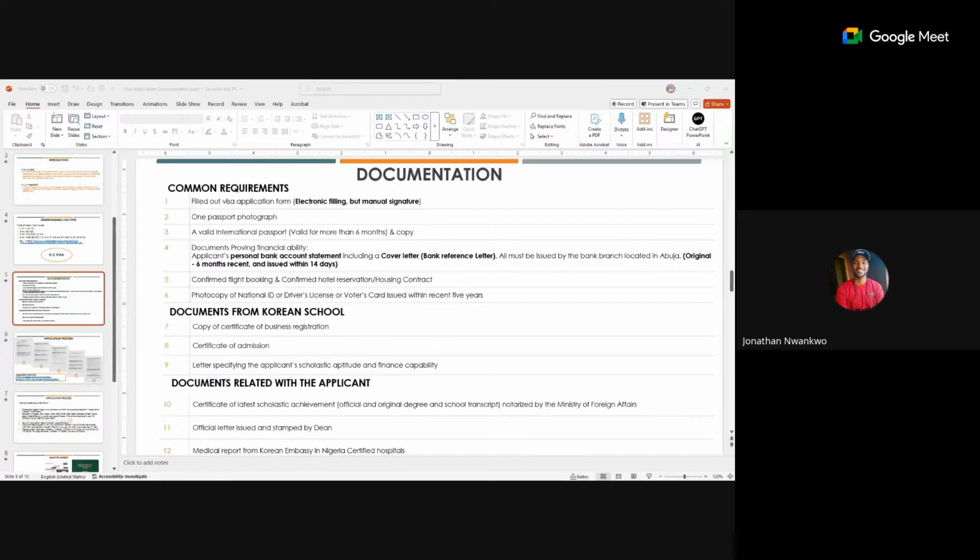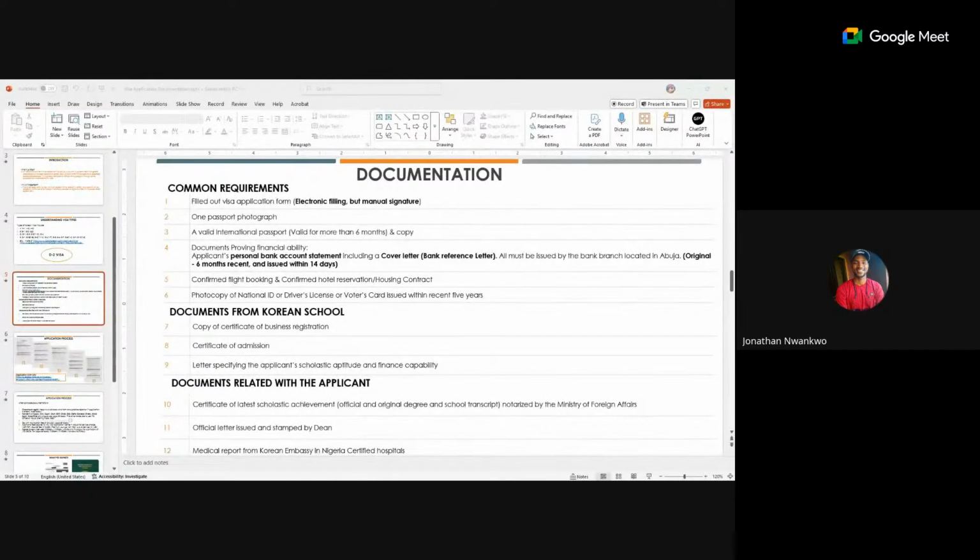That is the document you have to provide from your own end. So for the common requirements, you have the filled out application form. It is usually electronic. You have to fill it electronically, just that the signature is manual. You have to sign manually, but every other filling is electronic. So you can use your Adobe Reader to do that.